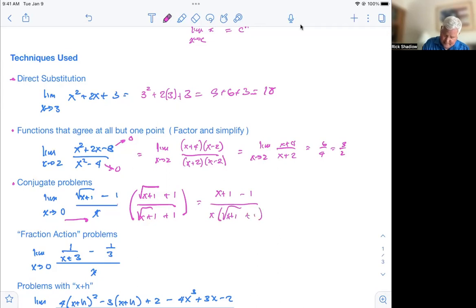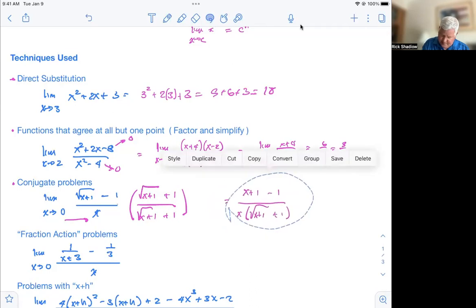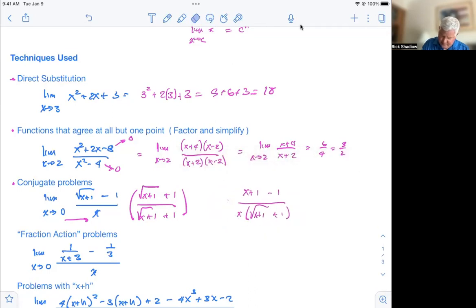And I want to make sure that we recognize that is still a limit as x goes to 0. And so the numerator will simplify to just x.